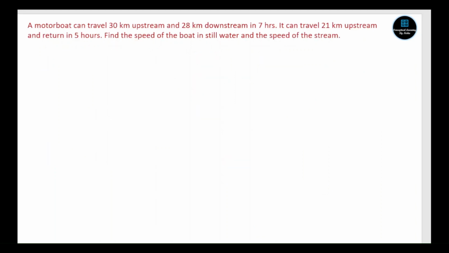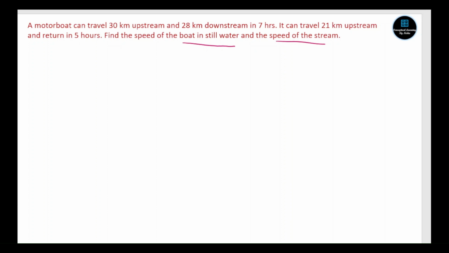Alright. Now, again, very interesting question. That again involves the upstream and downstream. So, we have to find here the speed of boat in still water and speed of stream, both of them. So, let's understand this.